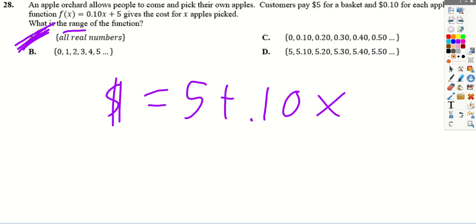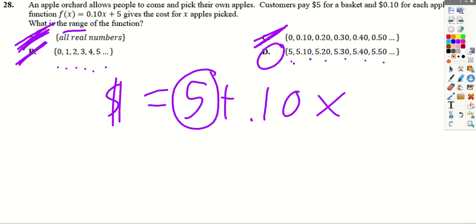That doesn't make sense because we're paying them $5. This one says start at $0, and then 1, then 2, then 3, then 4, then 5. That doesn't make sense because we have to start with 5 for the basket. This next one says start at $0. Same reasoning. This one says start at $5 and add 10 cents for each apple after that. And that makes sense.